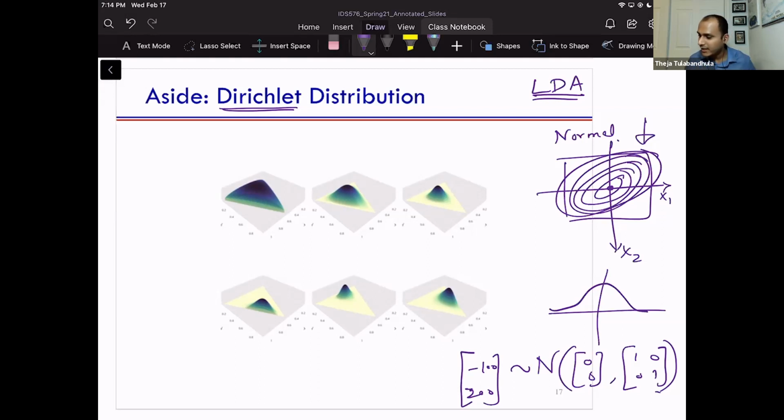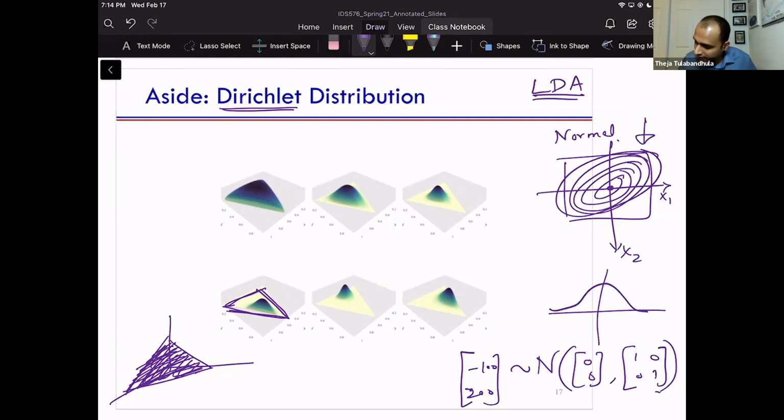Okay? So here in this bunch of 6 figures, we're just showing how the Dirichlet distribution looks on the part of the 2D plane. In particular, the part of the 2D plane is this triangle. So think of this 2D plane in 3-dimensional space, where you look at a plane which is not parallel to any of the 3 canonical planes.